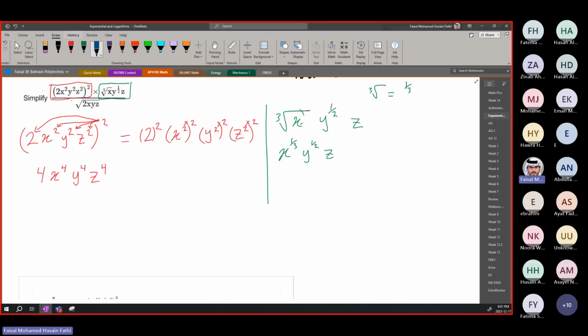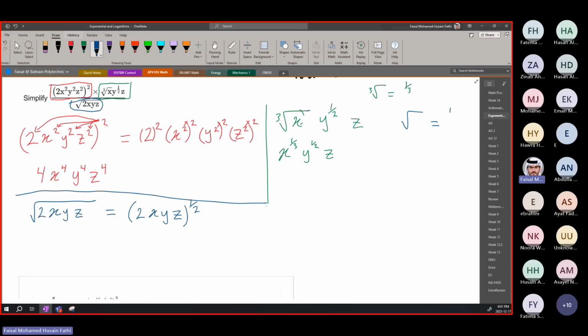Let's move on to the one in the denominator now. We have the square root of 2xyz. This is equivalent to 2xyz to the power of half. Like I said earlier, if we have square root of anything, it's equal to power half. It's the exact same thing.